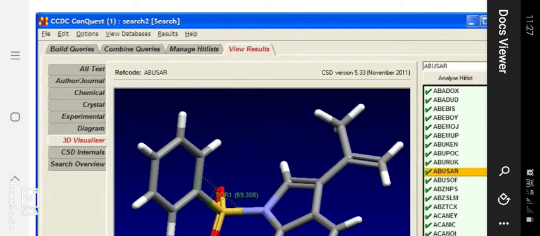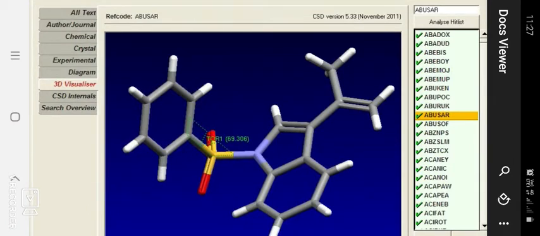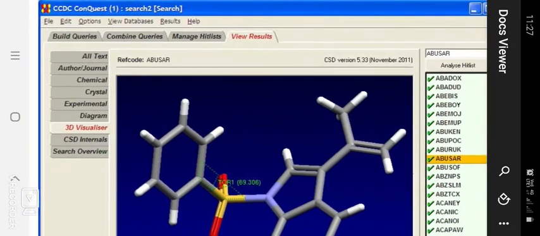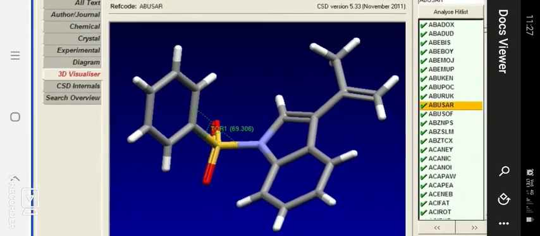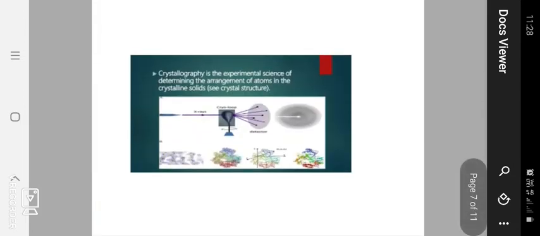So these are all the CCDC, Cambridge Crystallographic Data Centre. The official website is there. We selected the 3D visualizer, with explanation, author, text, diagram, and CSD internal information, everything present in this reference. Okay, these are the basic applications, and software is available in this system.